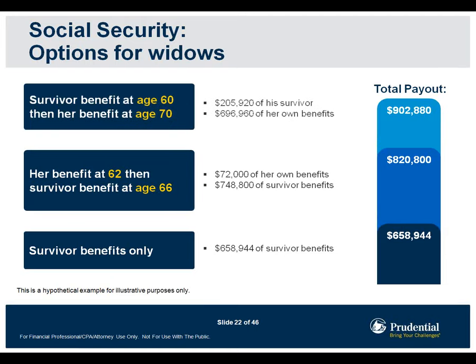And if she took the survivor benefit early at age 60 and let her benefit defer until age 70 and then switched to her benefit at age 70, over her lifetime she'll receive nearly $900,000. That's a big difference. That's almost $250,000 more by taking advantage of the different options here. But first of all, I think a lot of widows don't fully understand their different options.